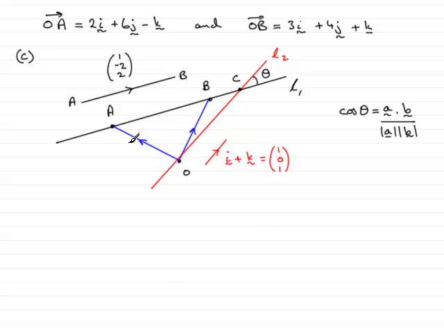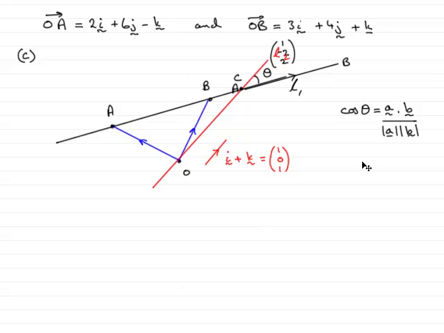Let me just demonstrate. If I take the vector AB, let's see if we can move it up to there. If I take this one and move it to there, hopefully you can see that the angle that we require is the angle between the vector AB and the vector i plus k.